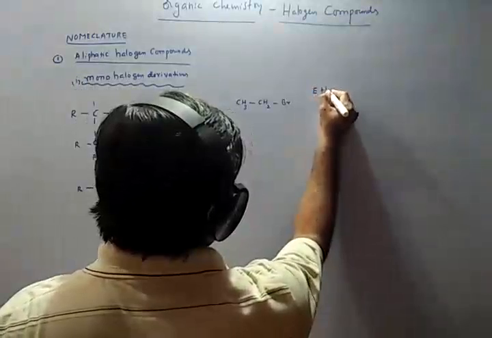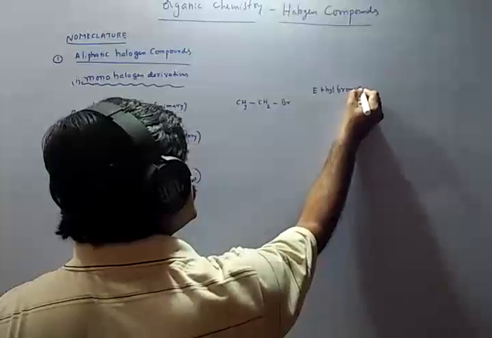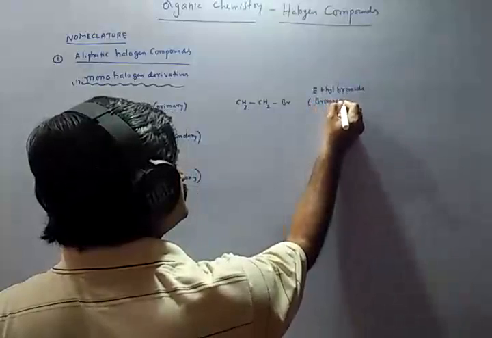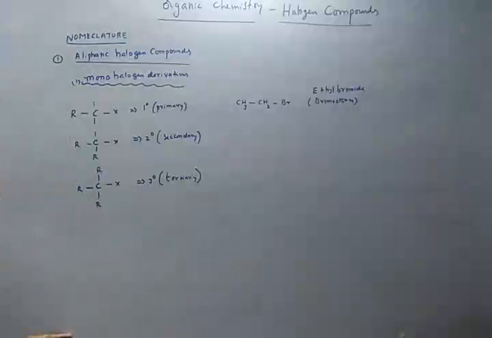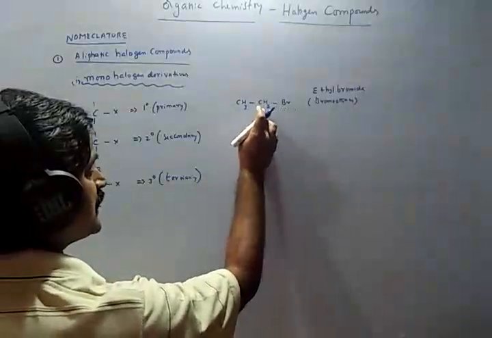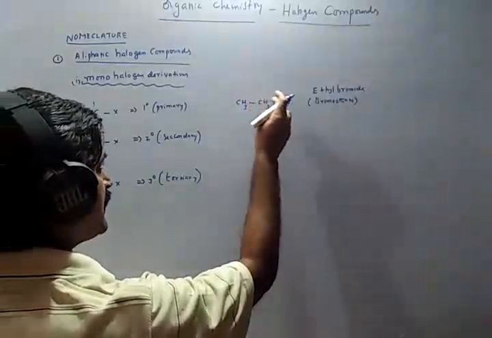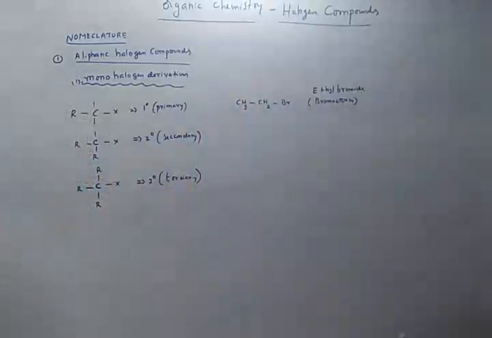This comes under primary. Why? Because the carbon linked with this bromine, the halogen, is a primary carbon. That is why we call it a primary alkyl halide.